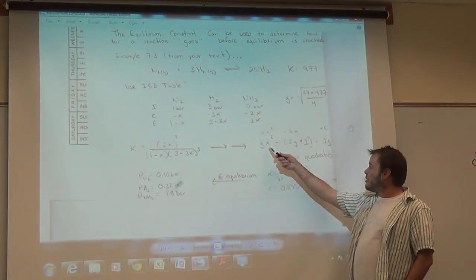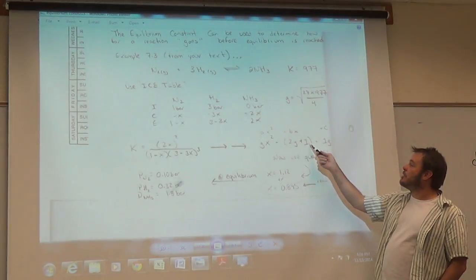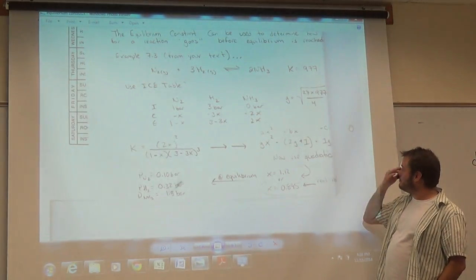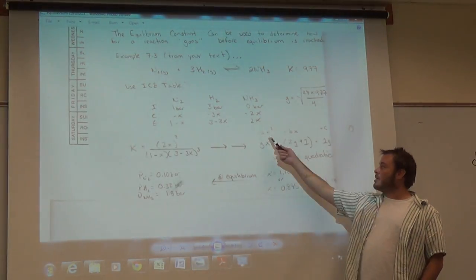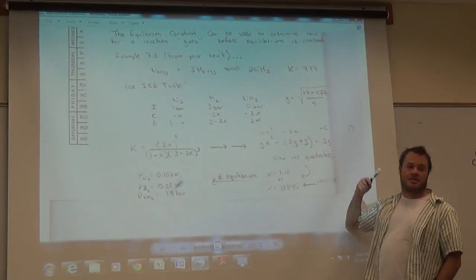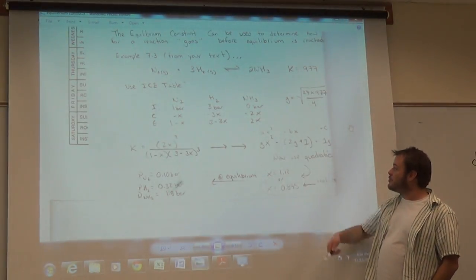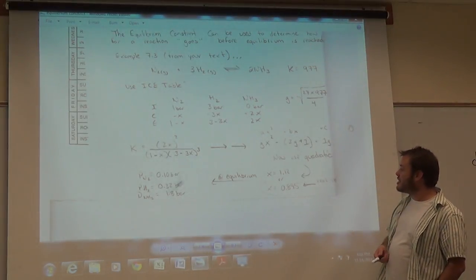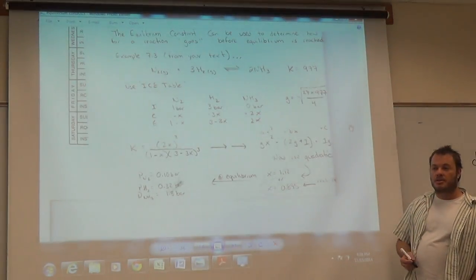And then you end up with the quadratic form gx squared minus (2g plus 1) times x plus 1g, just 1g. And so that becomes your a, b, c form, and you just plug in those values, g for a, 2g plus 1 for b, and 1g for c, into your quadratic formula, and end up with those answers.